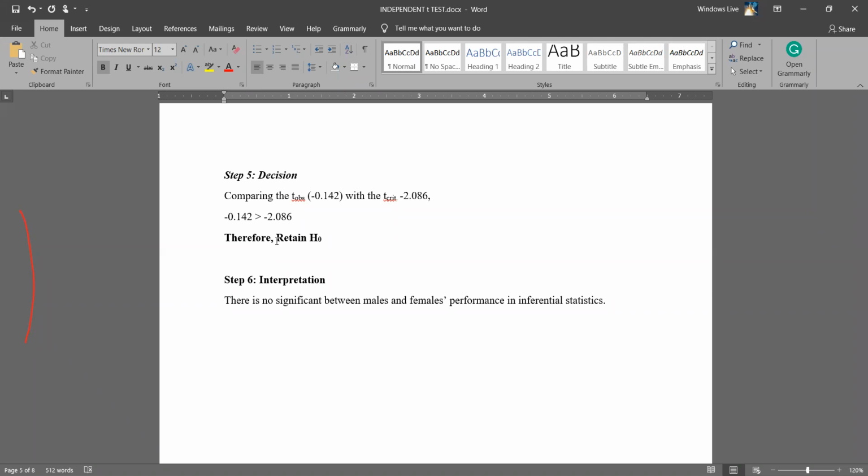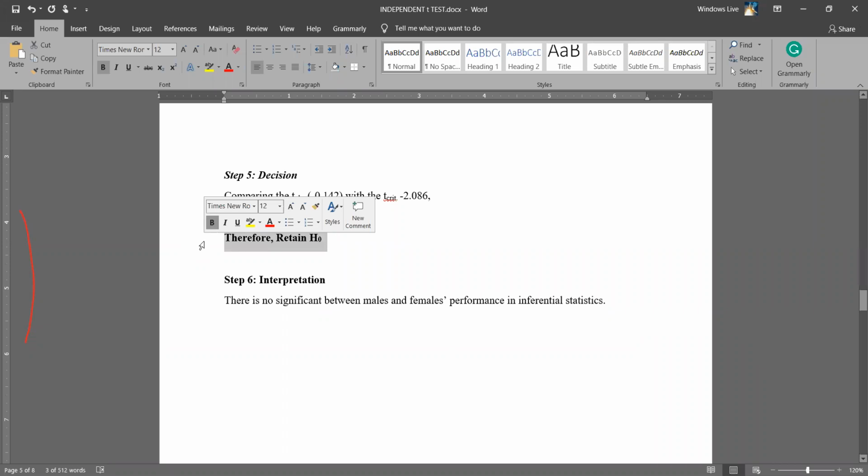So you move on to step 6, which is interpretation. For us to interpret anything, it is based on the decision that we've made. Our decision is to retain HO. We have two types of hypothesis, null and alternative, and the ultimate goal is to retain one of them. Per our calculations, we've made a decision to retain HO and reject H1.